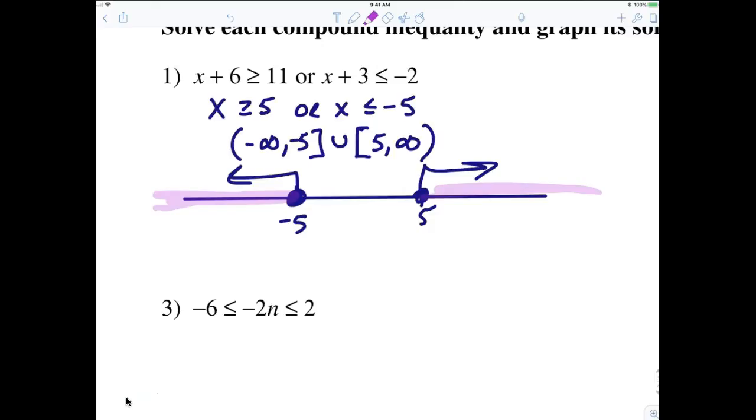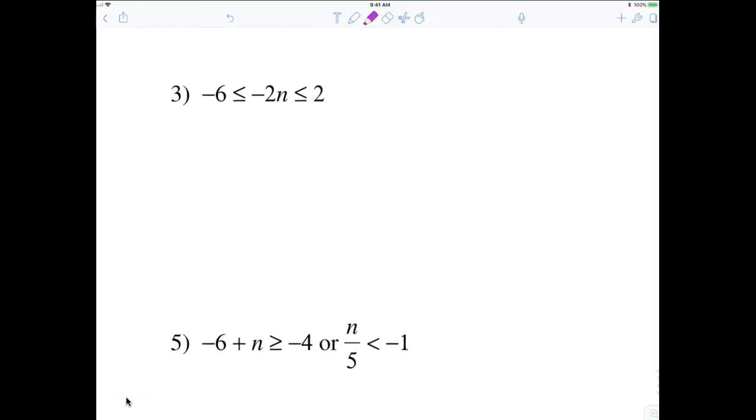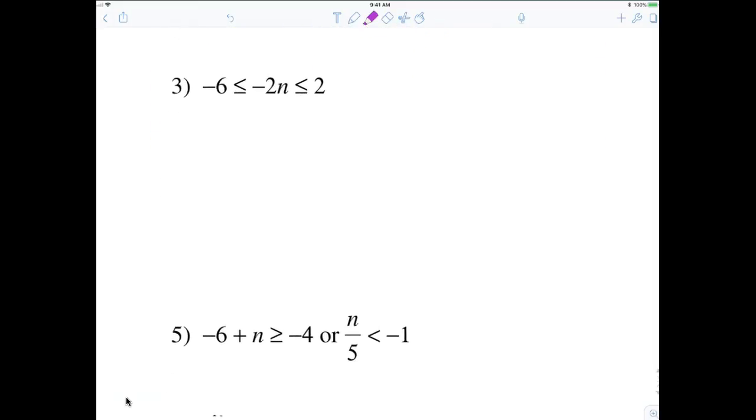Very good? All right, so number 3 is going to be an and statement. So all I have to do is what? Divide by -2. So this becomes a 3, then it's greater than or equal to, now n greater than or equal to what? -1.